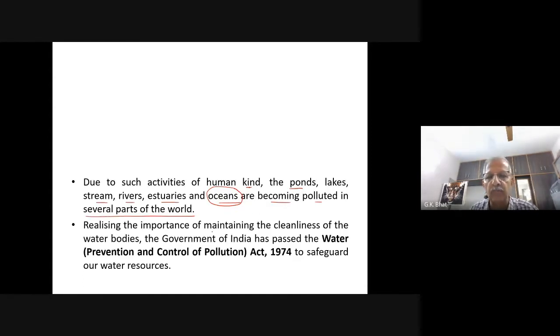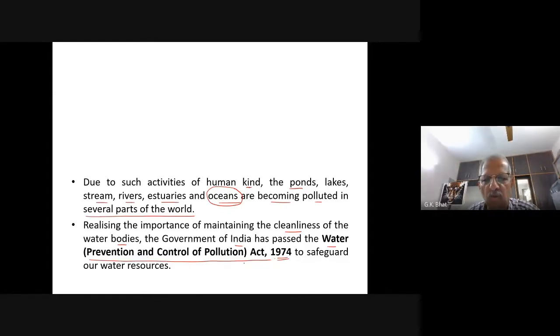Realizing the importance of maintaining the cleanliness of water bodies, the Government of India sponsored the Water Prevention and Control of Pollution Act in 1974. You have to remember 1981, 1986, 1987, now it is 1974.